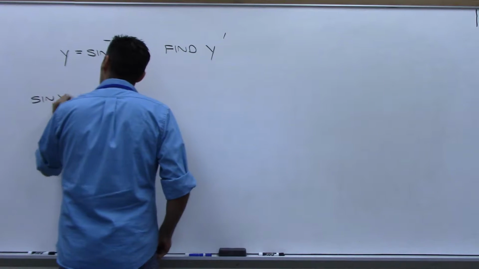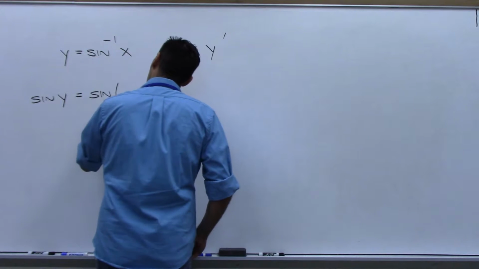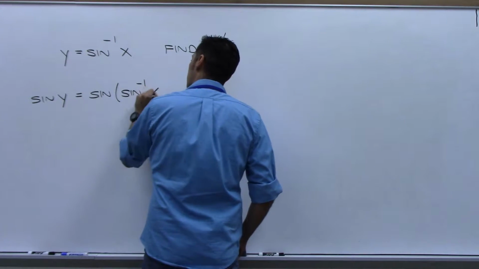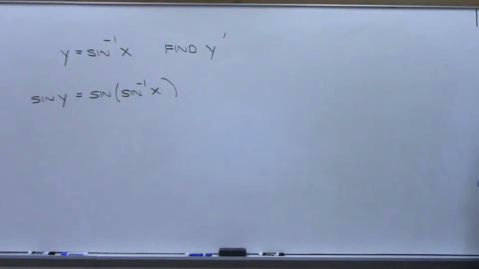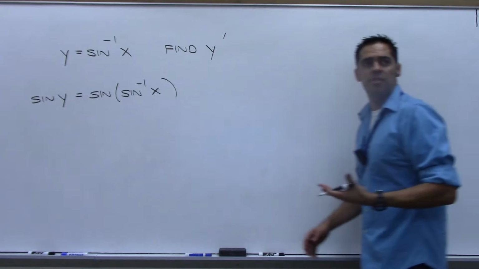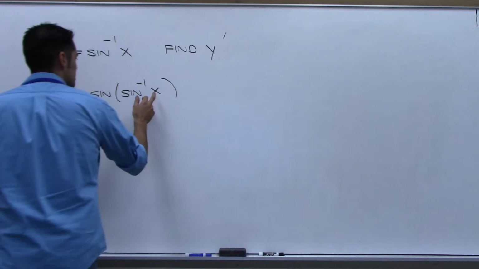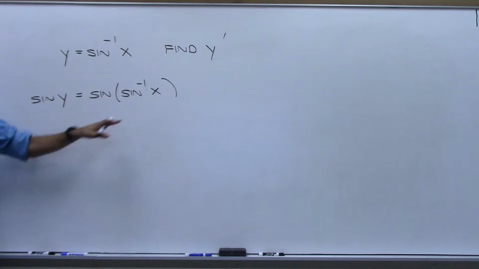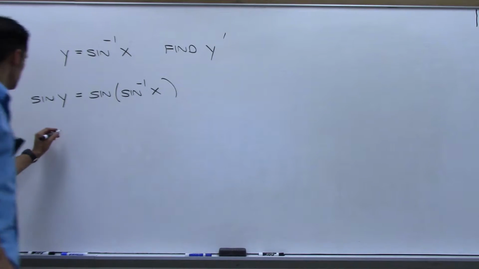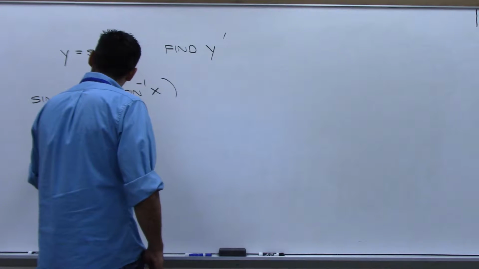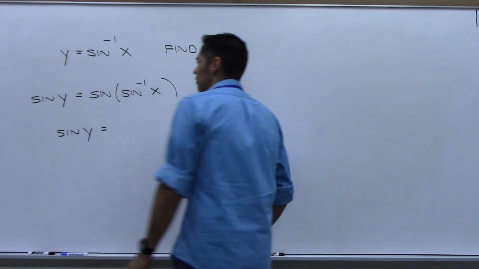Does that seem like a legitimate move to you, like an algebraic move? Does that seem OK to you if I do that? Now, there are some restrictions. We do have restrictions on x, because we know that there are domain restrictions for x, right? But what that allows me to say now is that sine of y is equal to what?